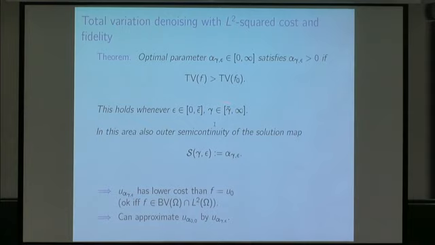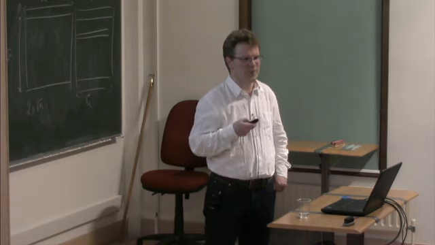This one just means that if you have some data, let's say you have some noisy measurement f, then the noise should have increased the total variation of the image compared to the ground truth that didn't have noise. So that's something very natural to expect for noise to do.